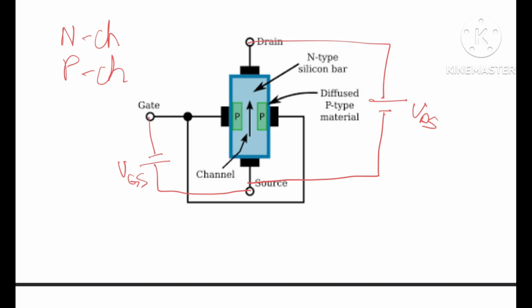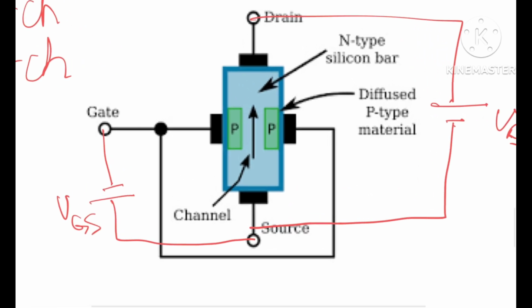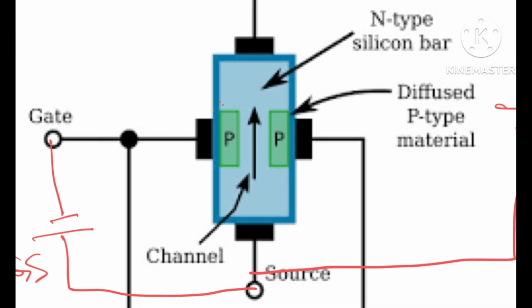What will happen basically is we are going to reverse bias this junction between the P-type and the N-type material. Just because this junction is here, we already have a depletion region, something like this, and as we all know, electrons don't flow through the depletion region.